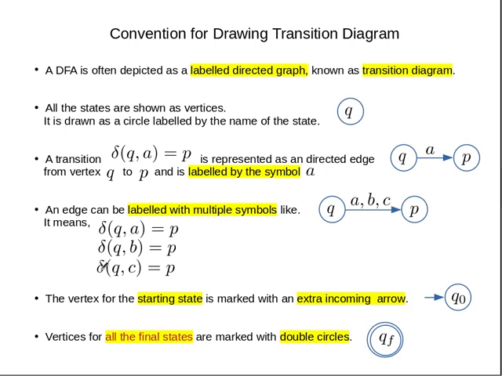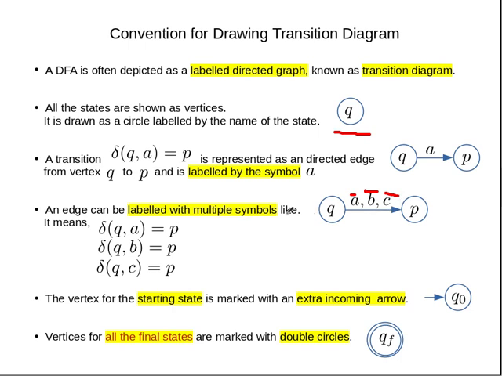And as I mentioned before, the convention for drawing transition diagrams is that the vertices are states, okay, and the labeled edge between these two vertices depicts the fact that delta of (Q, a) is P. So if you start with Q, you process input symbol a, you land in state P. Sometimes we label the edges with multiple symbols, right?